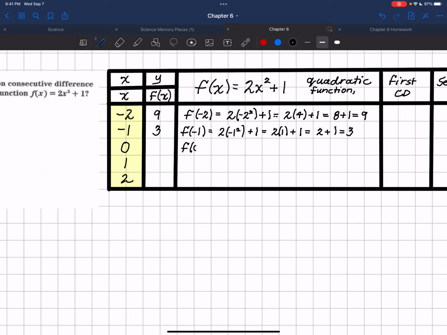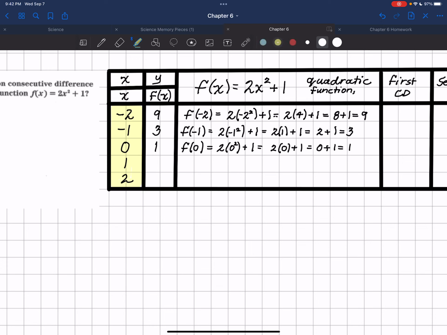Then f of 0, this will be the y-intercept, where 0 is your x term. So 2 times nothing plus 1 is nothing, plus 1 is 1. So the y-intercept is at 0, positive 1.